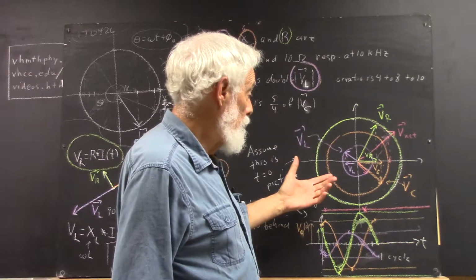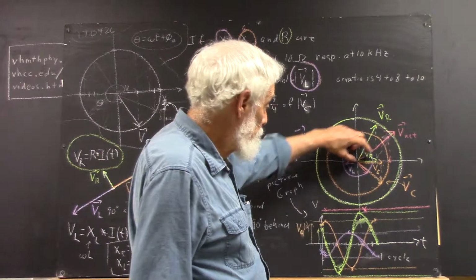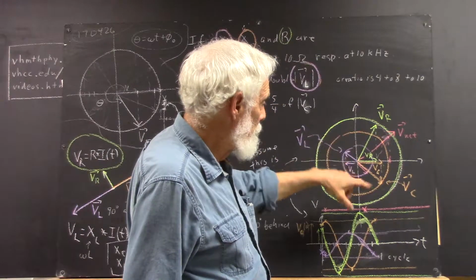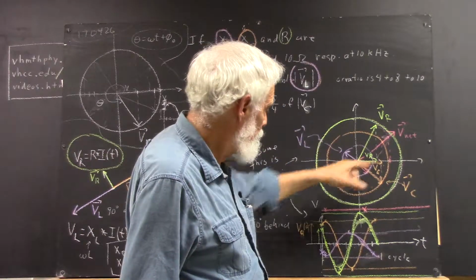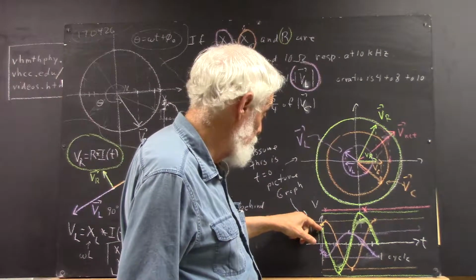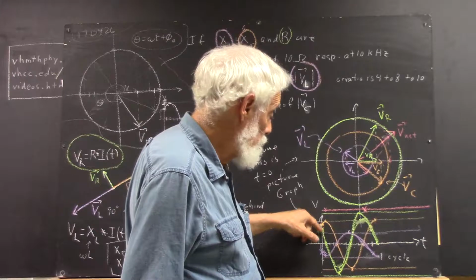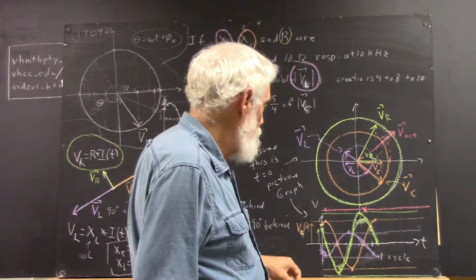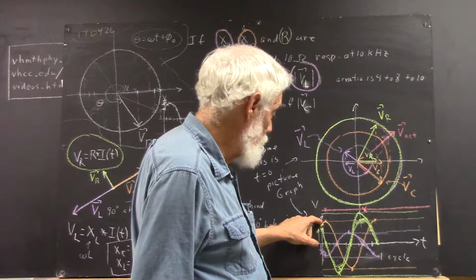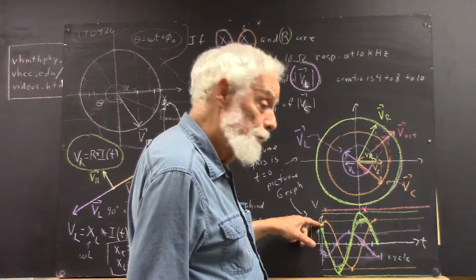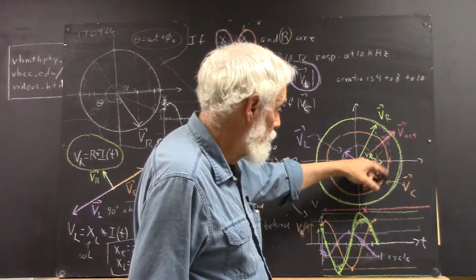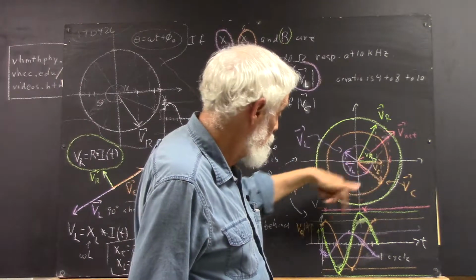Now we do the same thing for V sub c. V sub c starts here. The V sub r that's here, we draw that green vector and we make a mark on the axis so we know where to start our V sub r. Then we do the same with our V sub c vector and make a mark on the axis so we know where V sub c starts. And then as we move 30 degrees, V sub c is going to increase to its maximum.